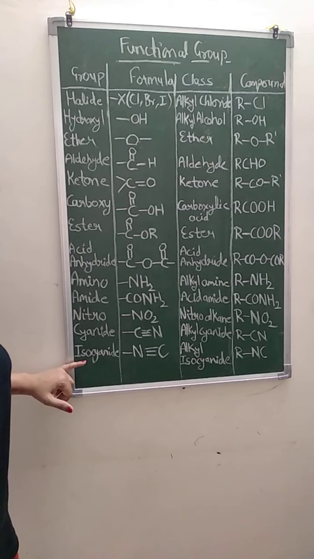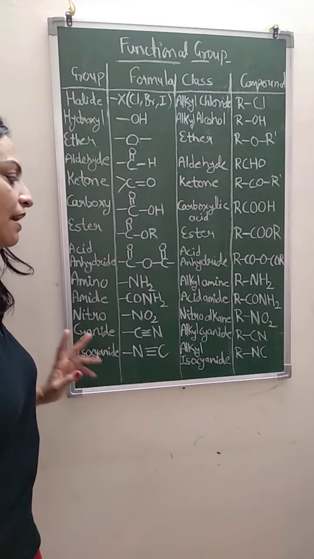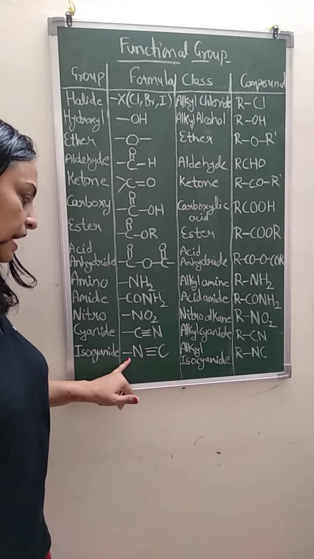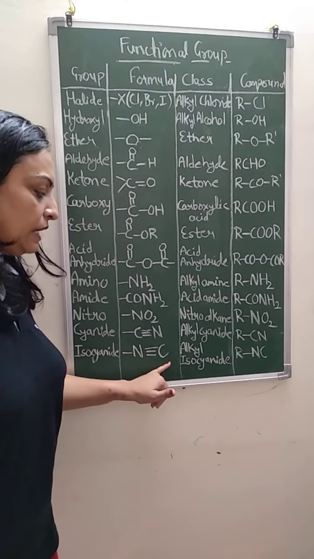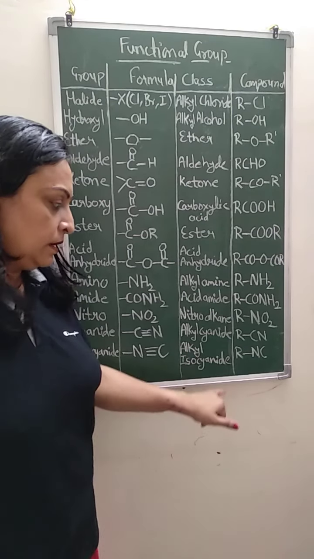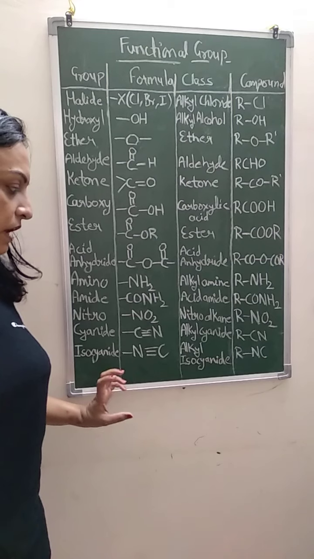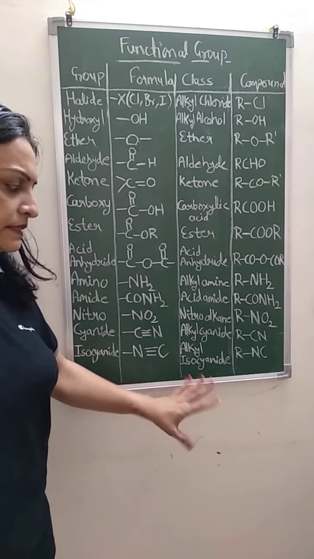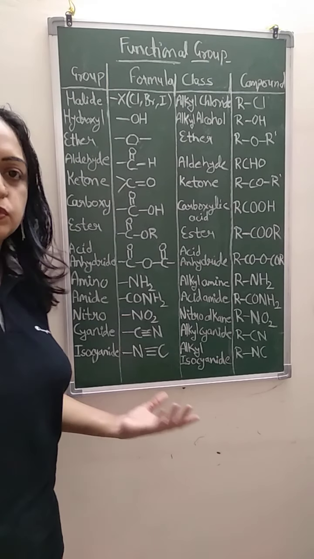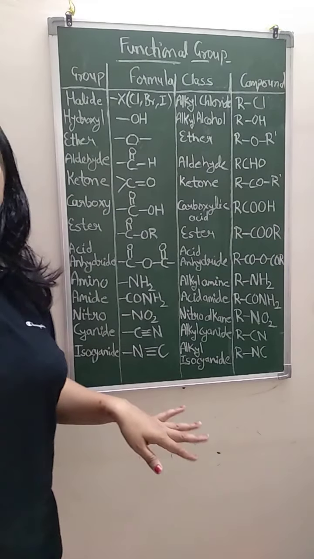Now next is isocyanide. It is the inverse of cyanide, so it is very easy to remember. For isocyanide, write a vacant position with N triple bond and carbon. This class is known as alkyl isocyanide and the formula is RNC. Suppose in place of this R we use methyl, then it is called methyl isocyanide. Suppose this R represents ethyl, then it is called ethyl isocyanide.